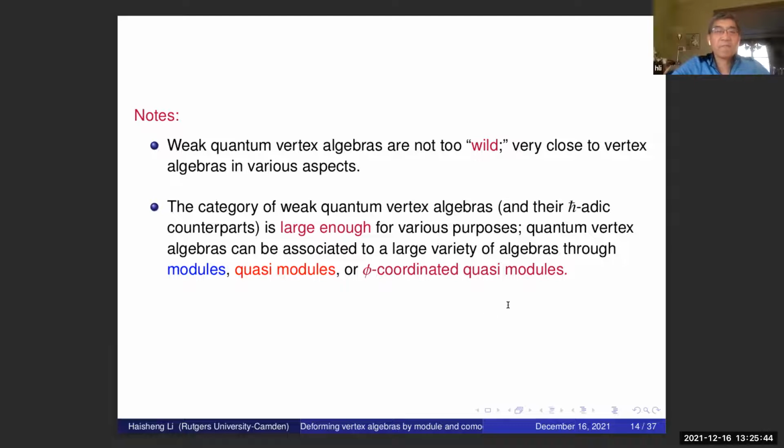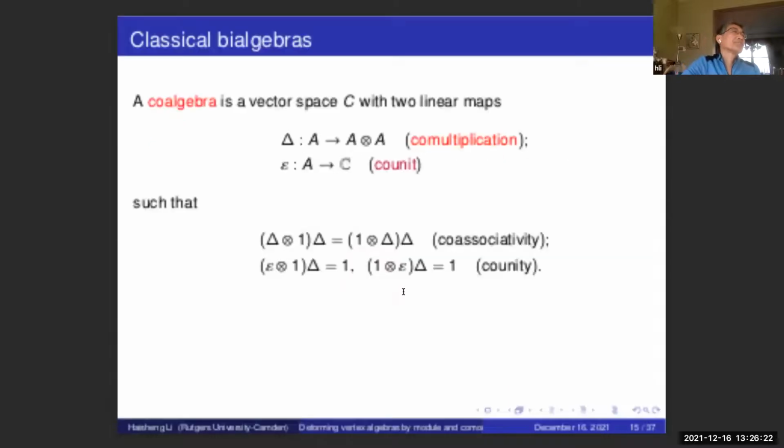I do believe this notion of quantum vertex algebra, together with the h-adic analog, and also the quasi-modules and the phi-coordinated quasi-modules, is a theory enough to associate quantum vertex algebras to, I cannot say all algebras, but those we are interested in. It depends on which algebra and what you want to do.